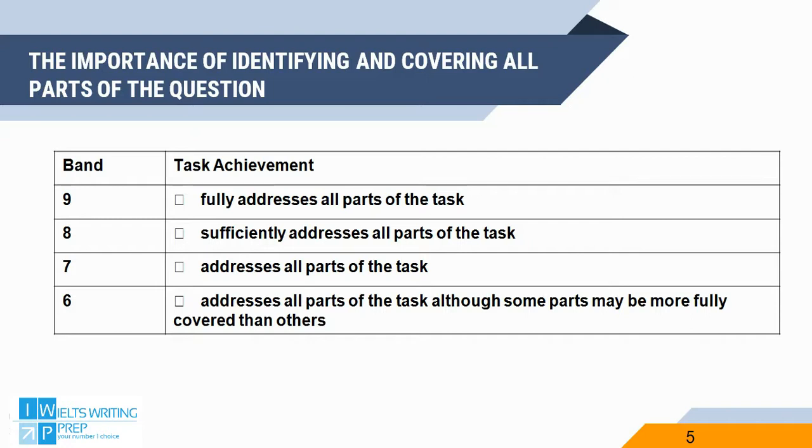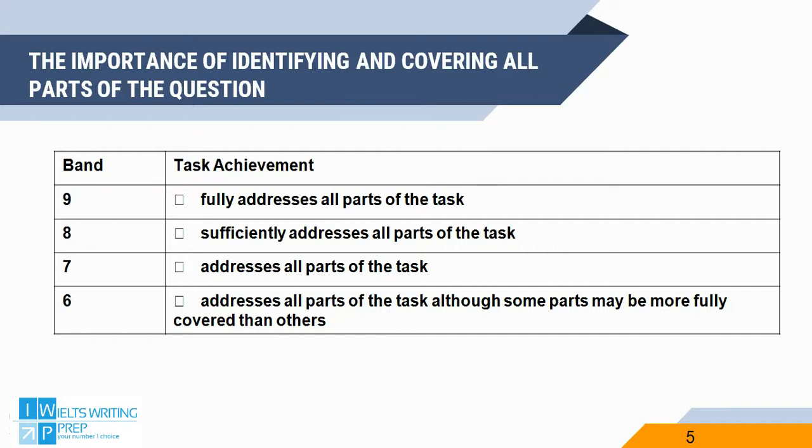For a 6, addresses all parts of the task, although some parts may be more fully covered than others. So some parts of the answer we are explaining and supporting, and other parts of the answer we aren't. Okay, and this is why many students find it difficult to move from a 6 to a 7.